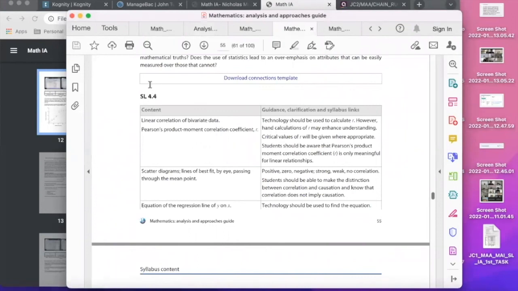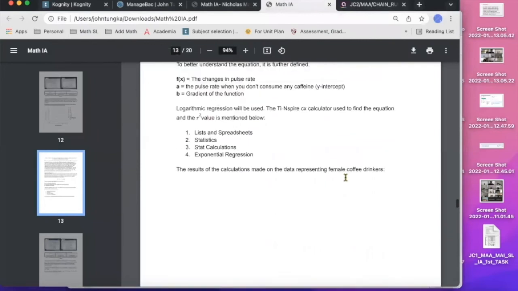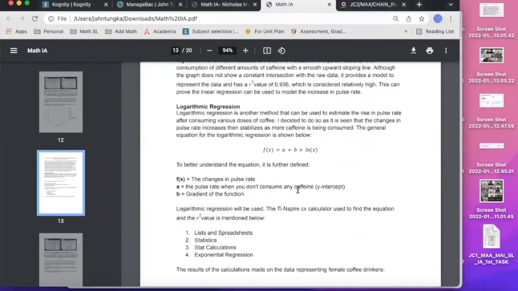And it's under 4.4. Students should be aware that the Pearson product moment correlation coefficient, or R, is only meaningful for linear relationship. Meaning, it is not meaningful in nonlinear, in this case, logarithmic relationship or regression.